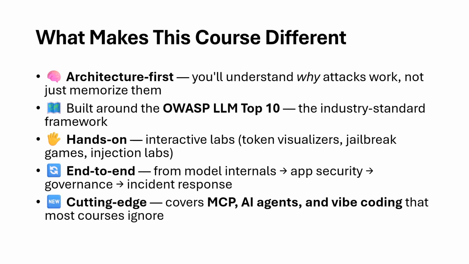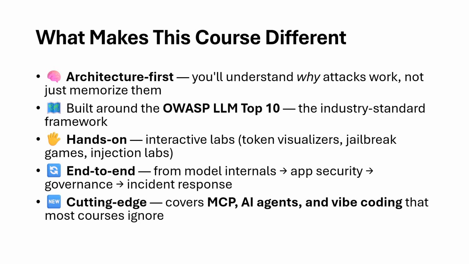Now, what makes this course different? It is an architecture-first course. You will understand why attacks work, not just memorize them. It's built around the OWASP LLM Top 10, the industry standard framework, which is the key inspiration for this course's creation. There will be hands-on interactive labs.